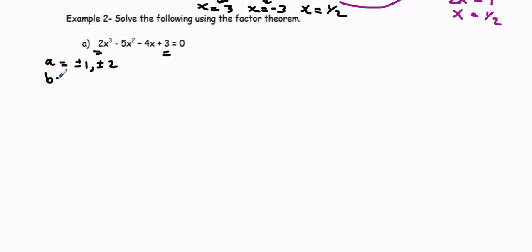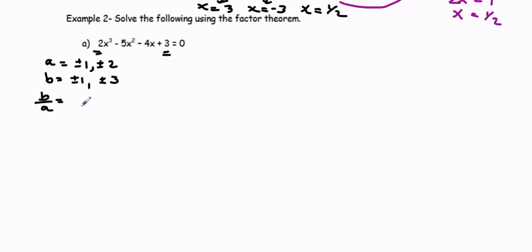Our B is a factor of the constant term here, 3, so plus or minus 1 and plus or minus 3. And we know then that our P of B over A, so B over A, is going to be consisting of the fractions formed with these numbers.